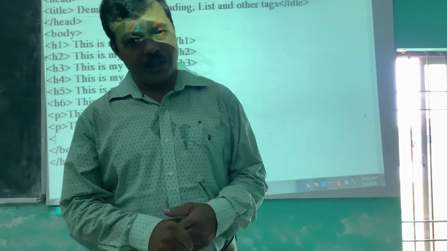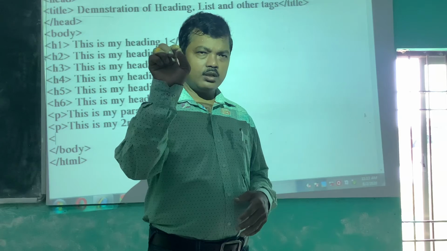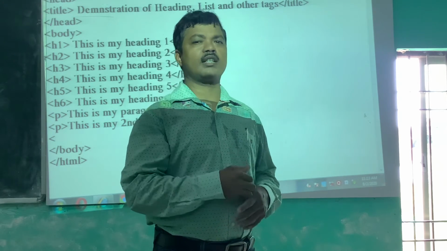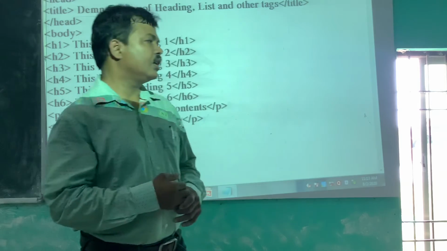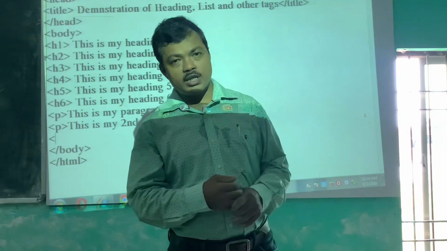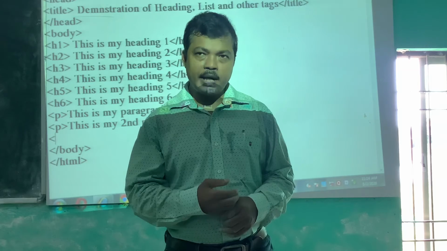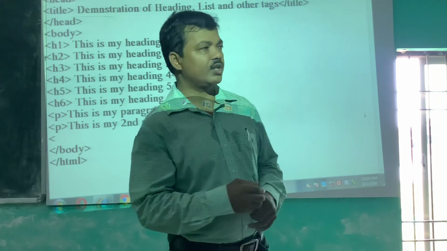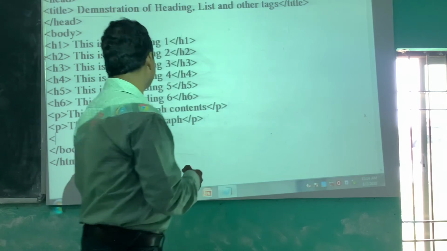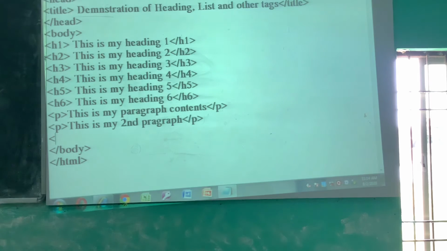One is the unordered list, if you want the items in a bulleted manner, meaning there is no exact sequence of order. You use the UL tag for that. For an ordered list, you use the OL tag, and to define a term, you use the DL tag, the definition list tag. DL stands for definition list, UL stands for unordered list and OL stands for ordered list.